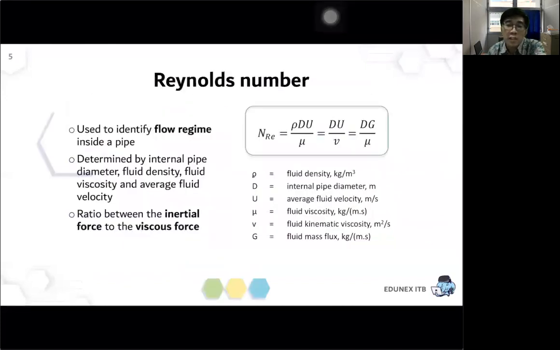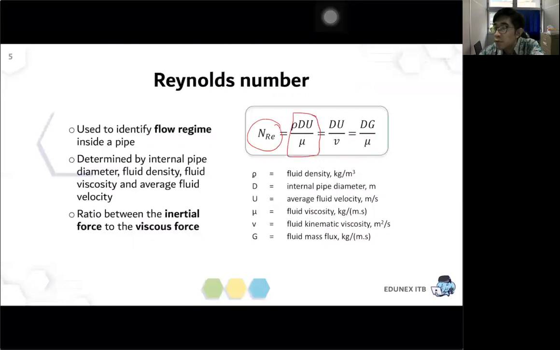And to differentiate which kind of flow will be classified as laminar or turbulent, we use the parameter called Reynolds number. This is the basic equation of Reynolds number.